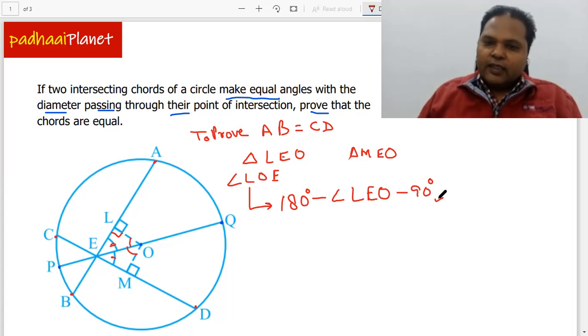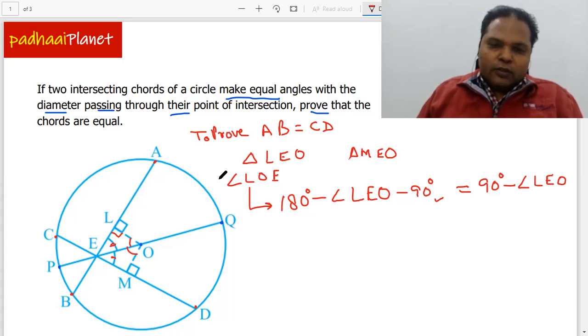So we get 90 degree minus angle LEO. So we have got the value of this particular angle.